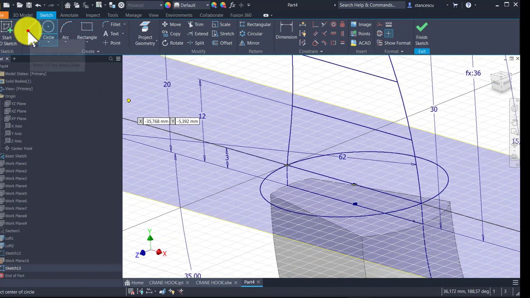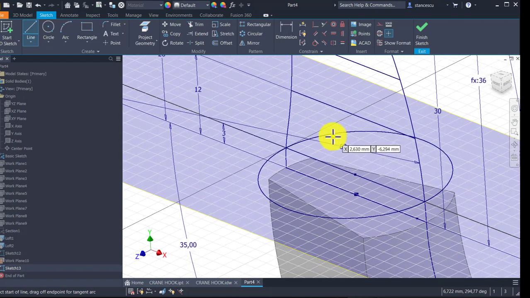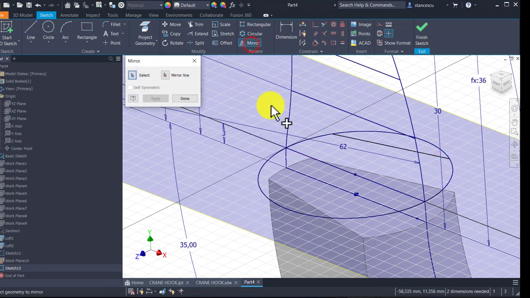Then 2 lines, even if we draw only 1 line, because the other is existent, and we create a second line with the tool mirror.